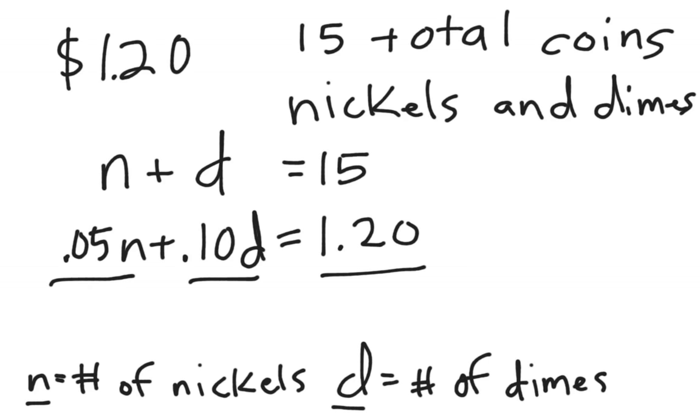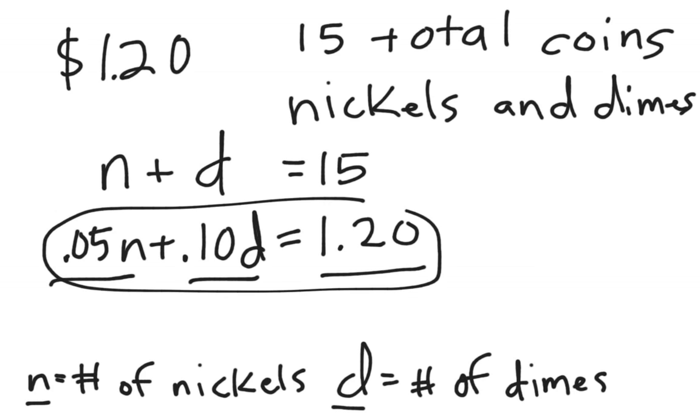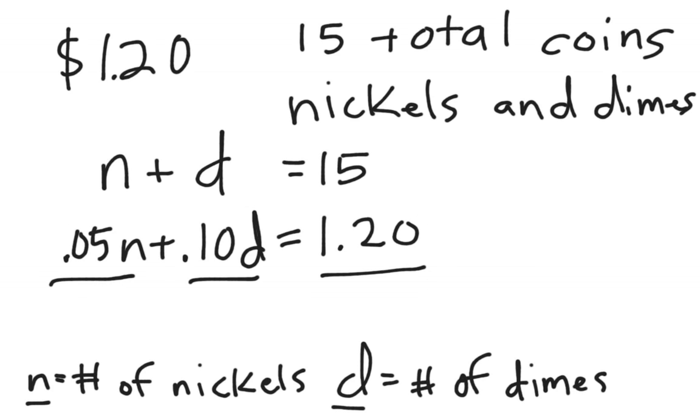And probably an easier equation to work with than this one here is to just multiply all of that by 100, or in other words, don't work with it in dollars, work with it in cents. So instead of using that as the second equation, let's use 5N plus 10D, which nickels are 5 cents, dimes are 10 cents, and that then is going to be equal to 120 cents.